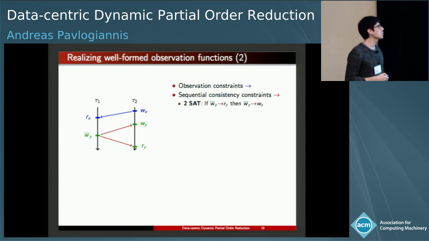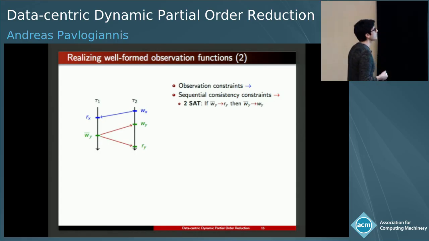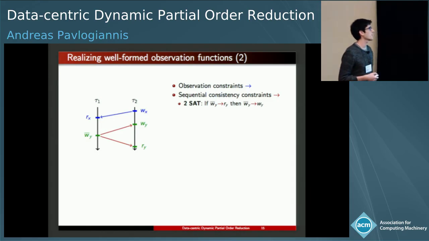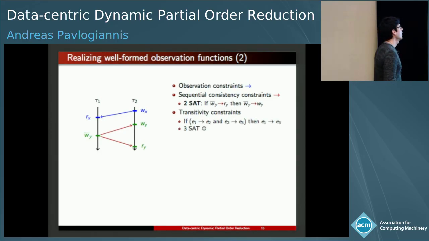So if I want to make sure that R observes W, then for any conflicting W bar here that happens before R, I need to ensure that it also happens before W, so that it doesn't get stuck in between and change the observation. And these constraints are also somewhat easy to express using 2SAT because all they're saying is if A, then B, and this is a clause with two literals.